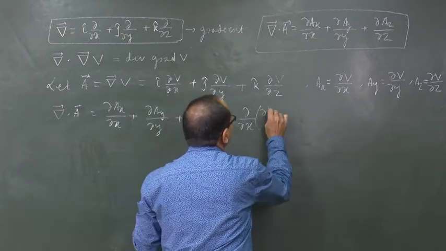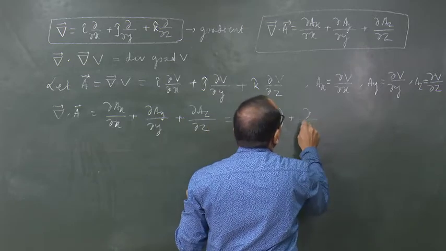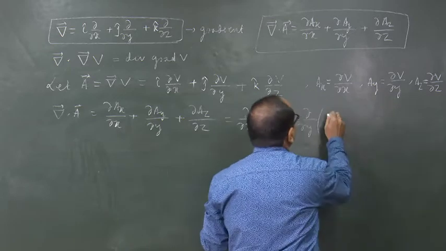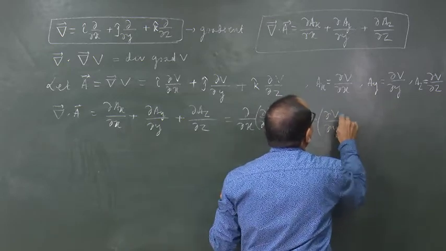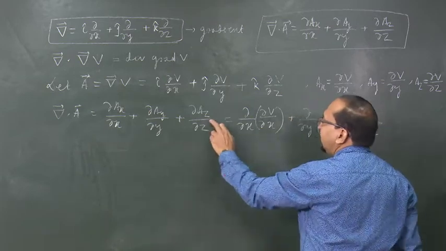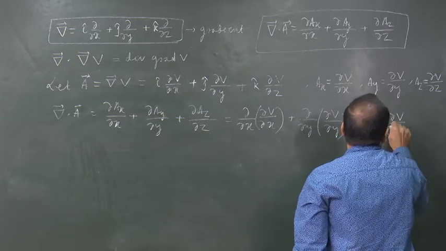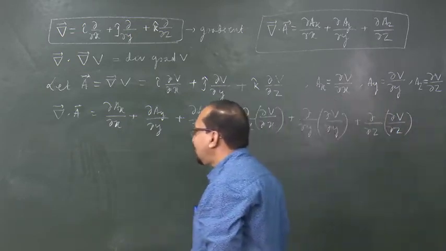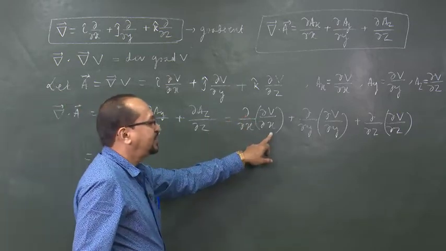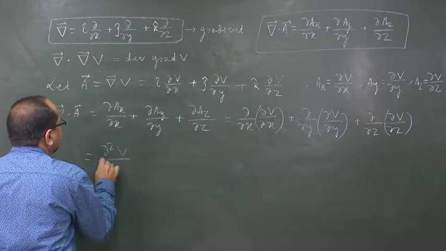So, del by del x of del V by del x plus del by del y of A y, which is del V by del y, plus del by del z of A z. What is A z? It is del V by del z. So this is equal to the double derivative, del square V by del x square.